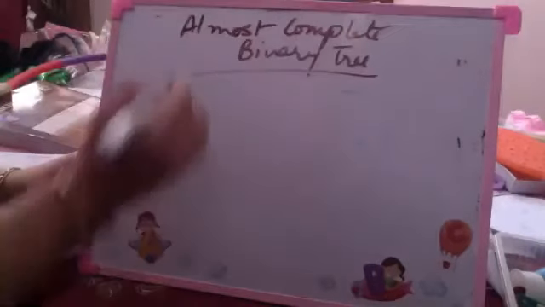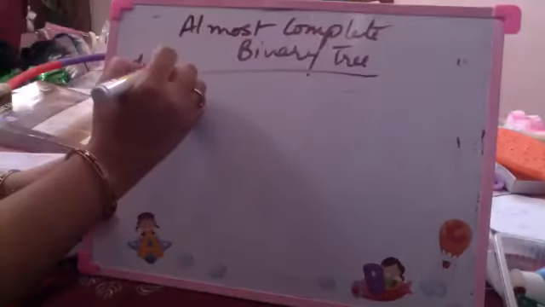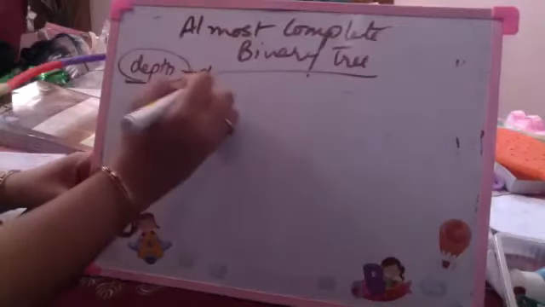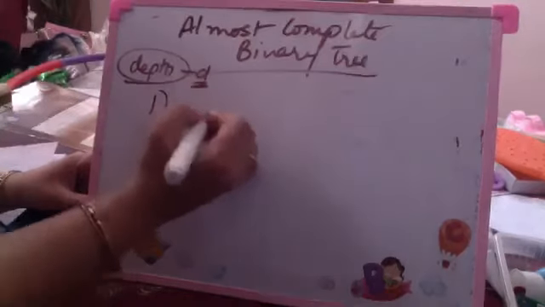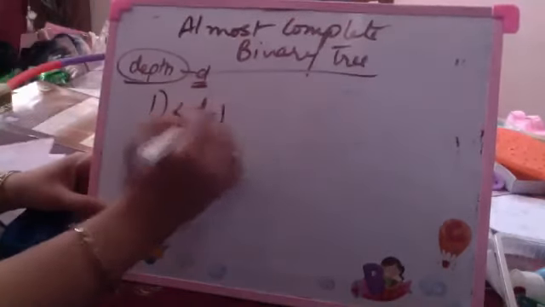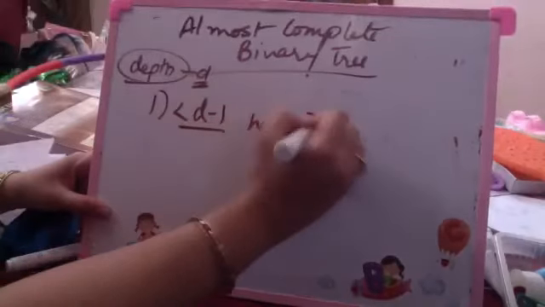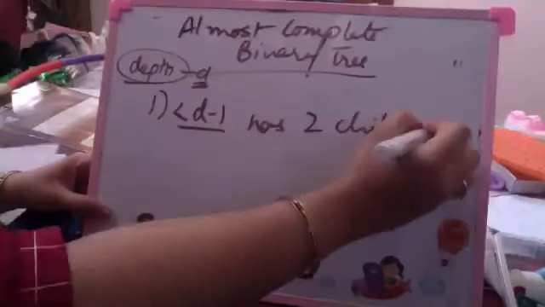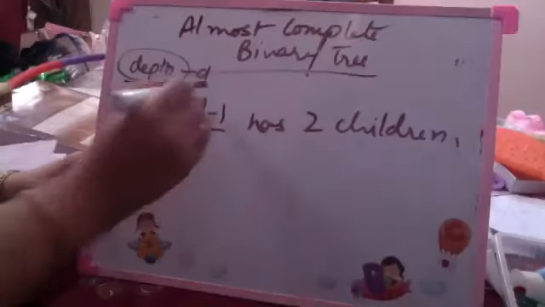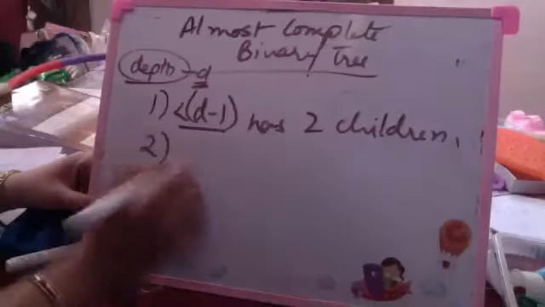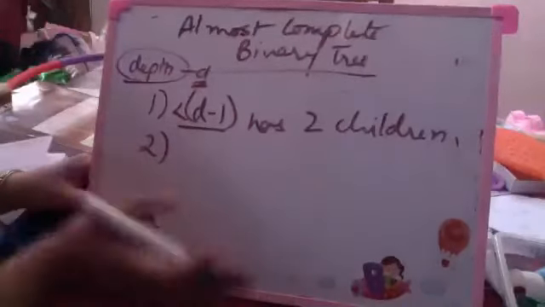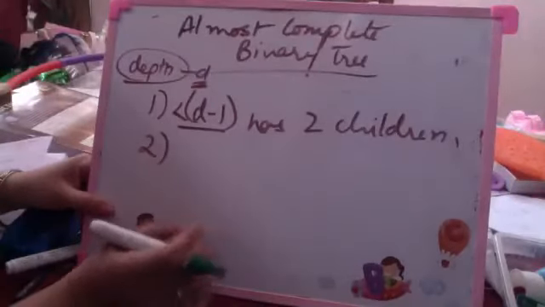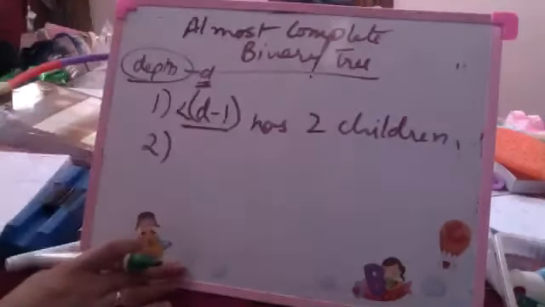If D is the depth or level of the tree, then any node at level less than D minus 1 has two children. And the second condition is that for any node X in the tree with a right descendant existent, the left descendant is either a leaf or has two children.